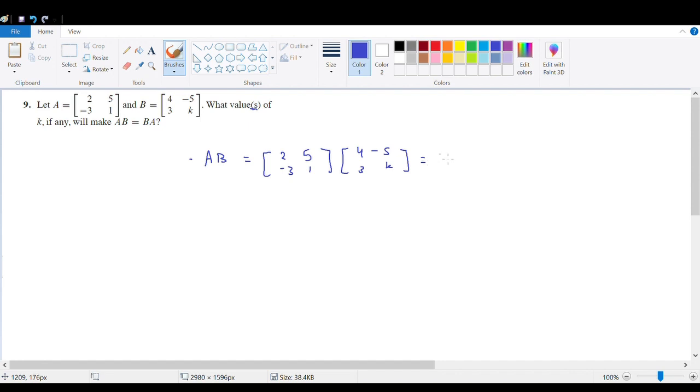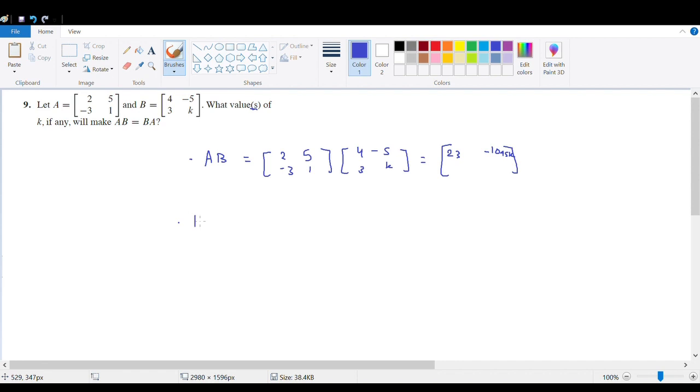This will give us 2 multiplied by 4 plus 5 multiplied by 3, which is 23. Then 2 multiplied by minus 5 plus 5 multiplied by k, which gives us minus 10 plus 5k.